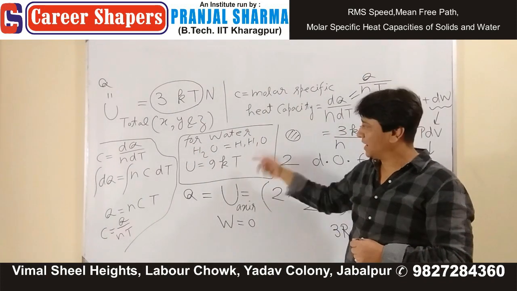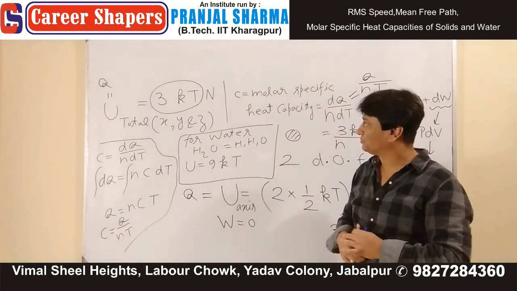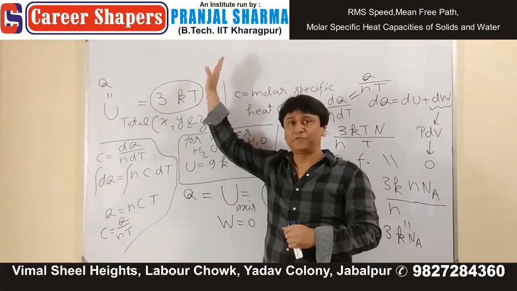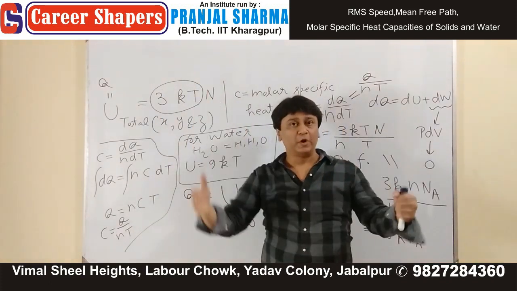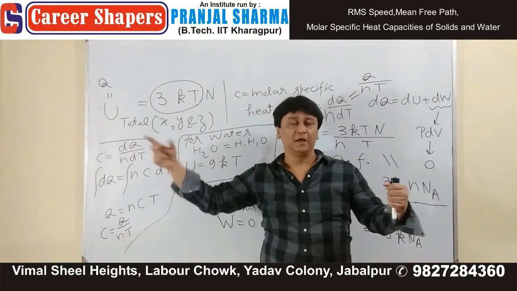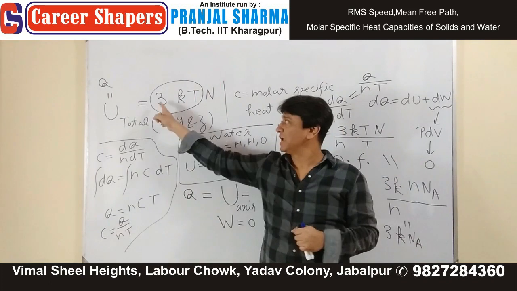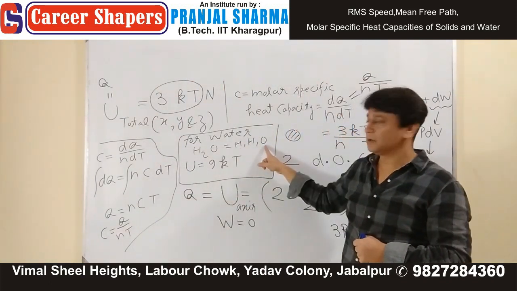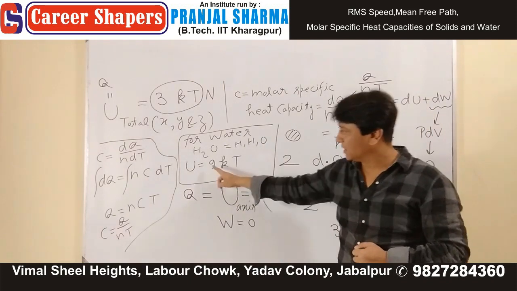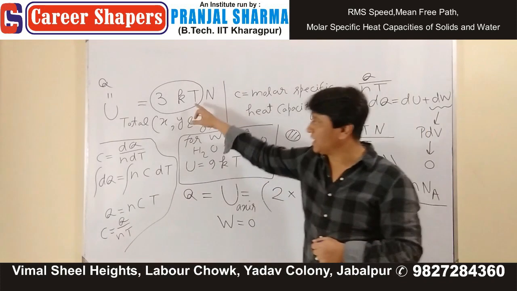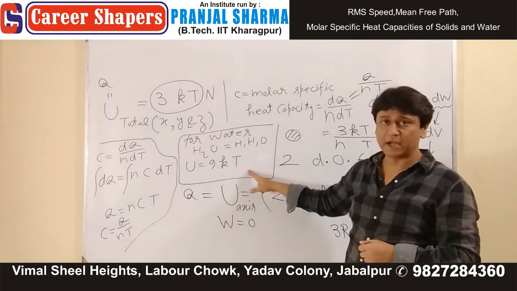But again, the approximation. So, for 1 degree of freedom, half kT. There were 2 degrees of freedom along one axis, 2 into half kT. There were 3 axes, giving us 3 kT for an atom. There are 3 atoms, and therefore we are saying there are 3 into 3 kT giving us 9 kT.